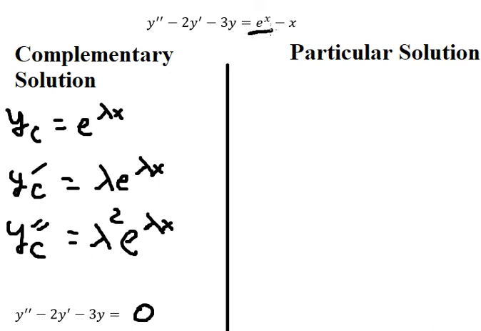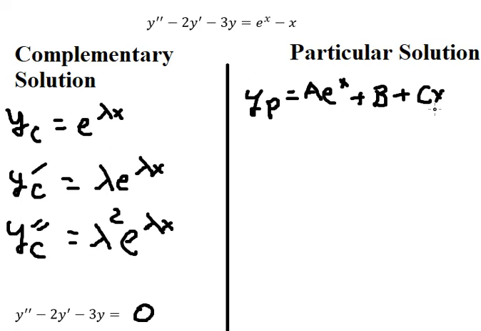We see that we have e to the power of s and s. So for this one I will put yb equals a e to the power of s plus b plus cs in here.